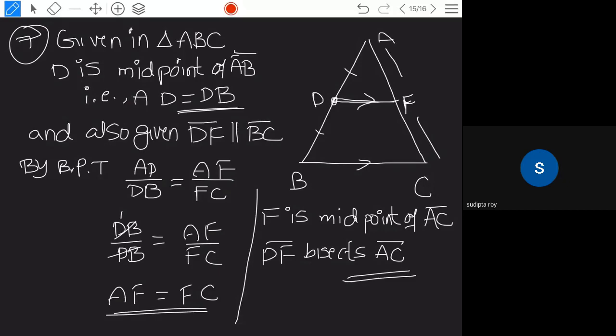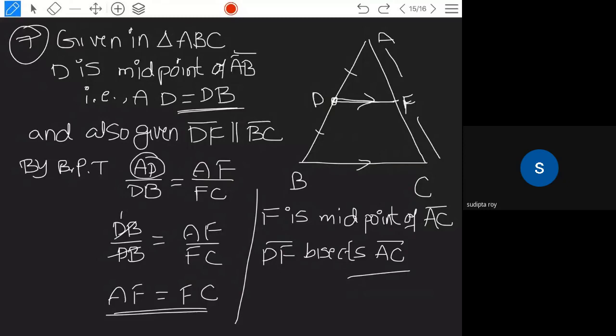Yes, here the question is given to you that this line is parallel. So whenever this line is parallel to DC, AD by DB is equal to AF by FC you will get, isn't it? That I have written. AD by DB is equal to AF by FC, and here AD and DB are both equal, so in place of AD I have replaced DB.